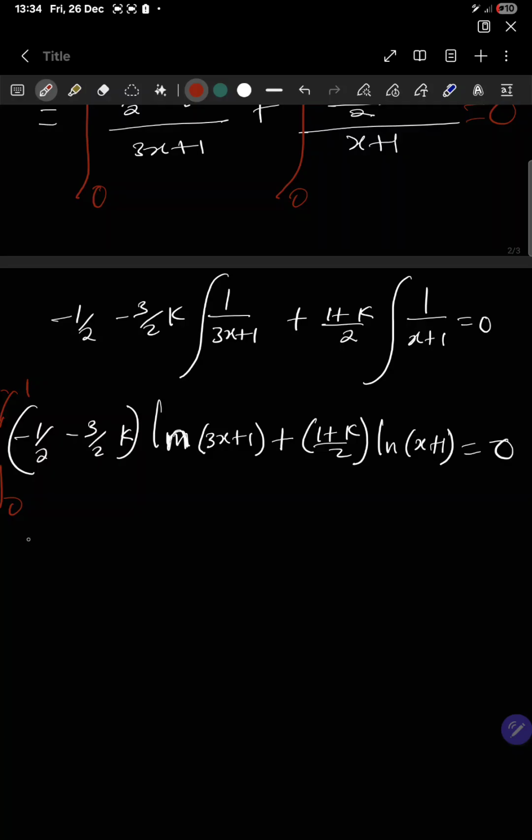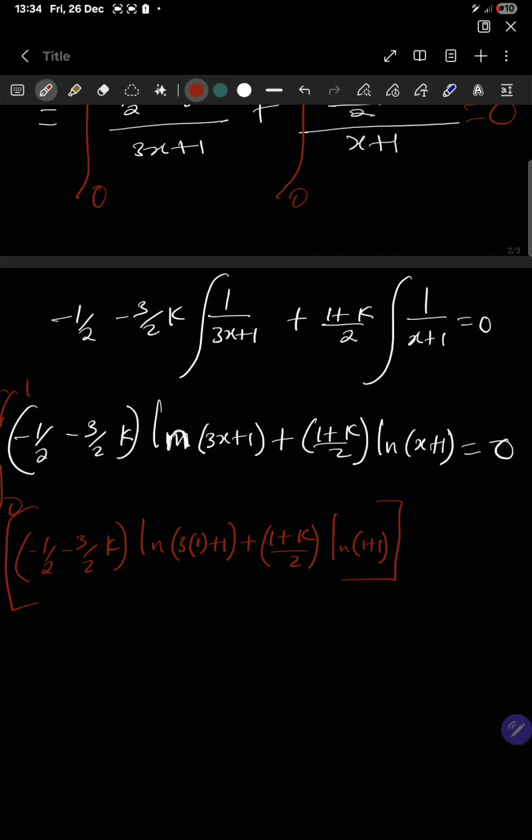So by doing so, you have negative 1 over 2 minus 3 over 2k, then we have natural log of 3 times 1 plus 1, that's in the first bracket, plus also 1 plus k over 2, natural log of 1 plus 1. So this is our first bracket.